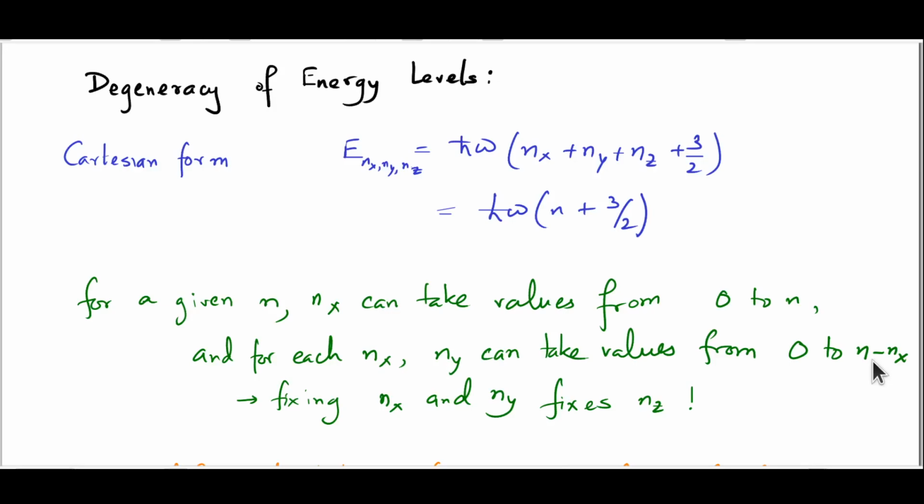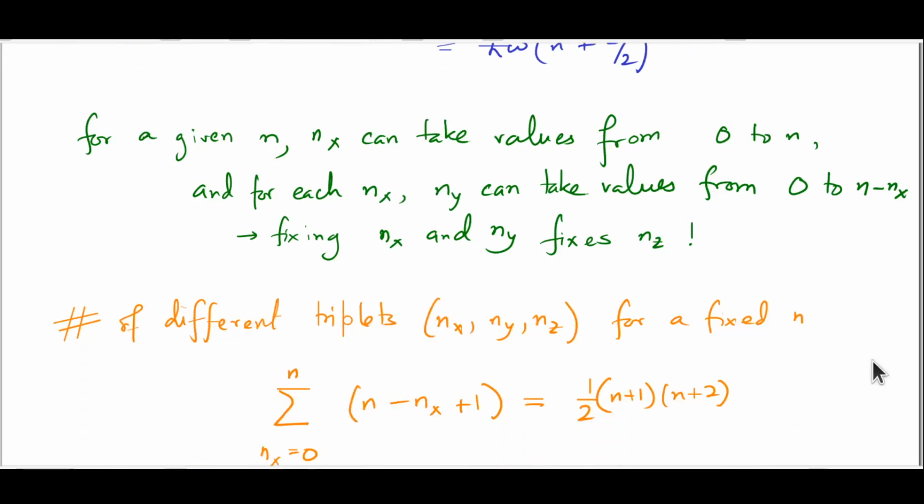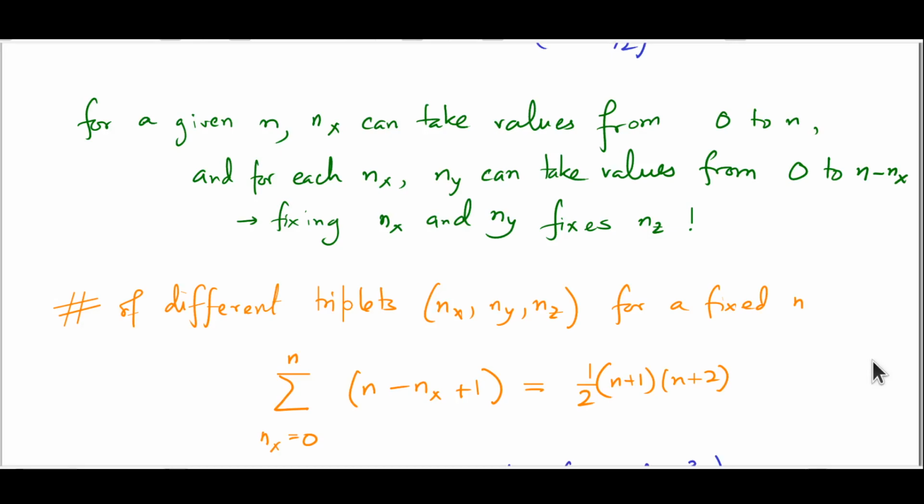So how many different choices do we have? The easiest way to figure that out is, for a fixed nx, the number of different ny values possible is n minus nx plus 1. The plus 1 because 0 is also being counted. So basically all you have to do is add up this quantity n minus nx plus 1 for all values of nx going from 0 to n, and that will give you the number of different triplets nx, ny, nz for a fixed n, which is also the number of different independent wave functions for a fixed n.